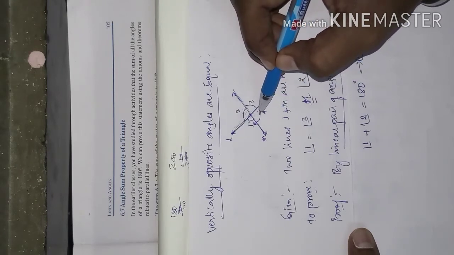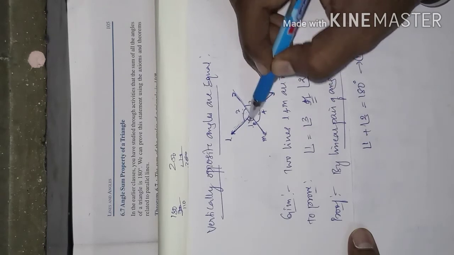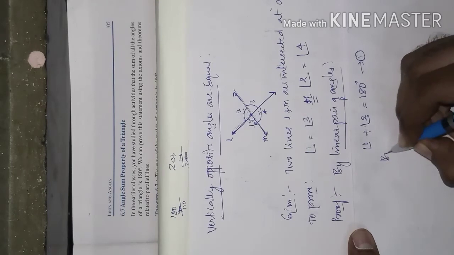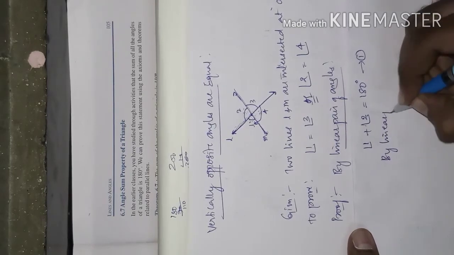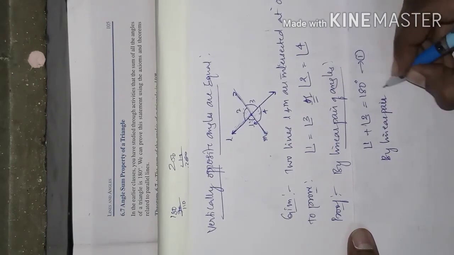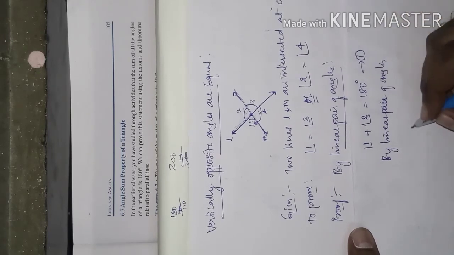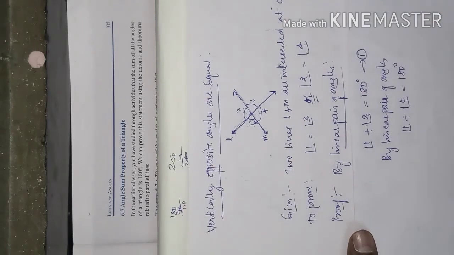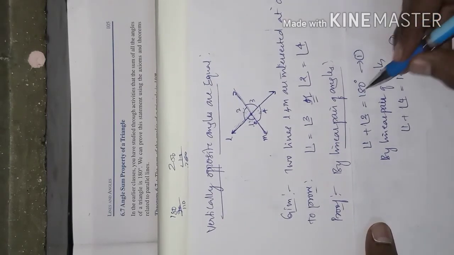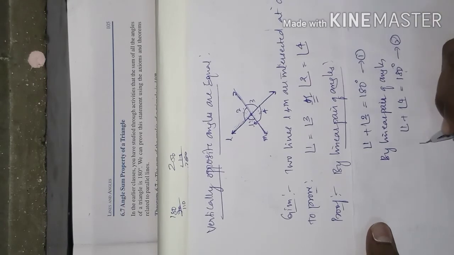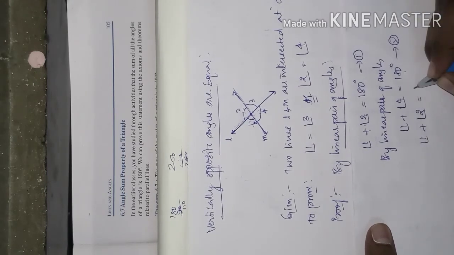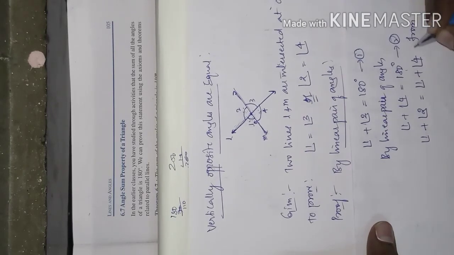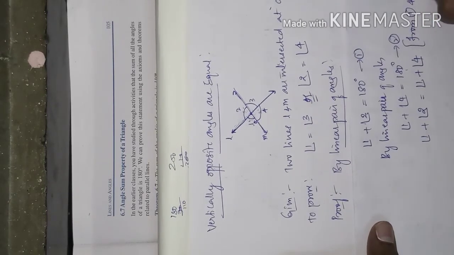So by linear pair of angles, angle 1 plus angle 4 is equal to 180 degrees. This is equation 2. As the RHS are equal, the LHS are equated: angle 1 plus angle 2 is equal to angle 1 plus angle 4, from equations 1 and 2.